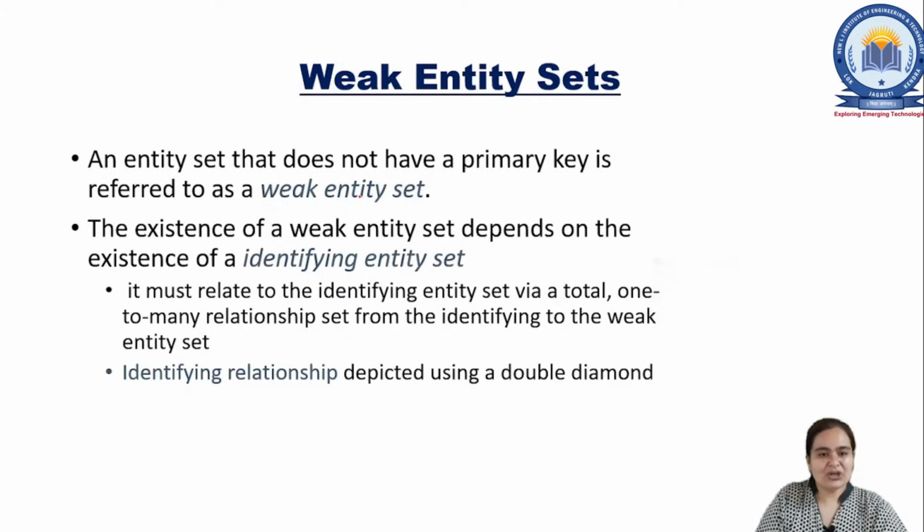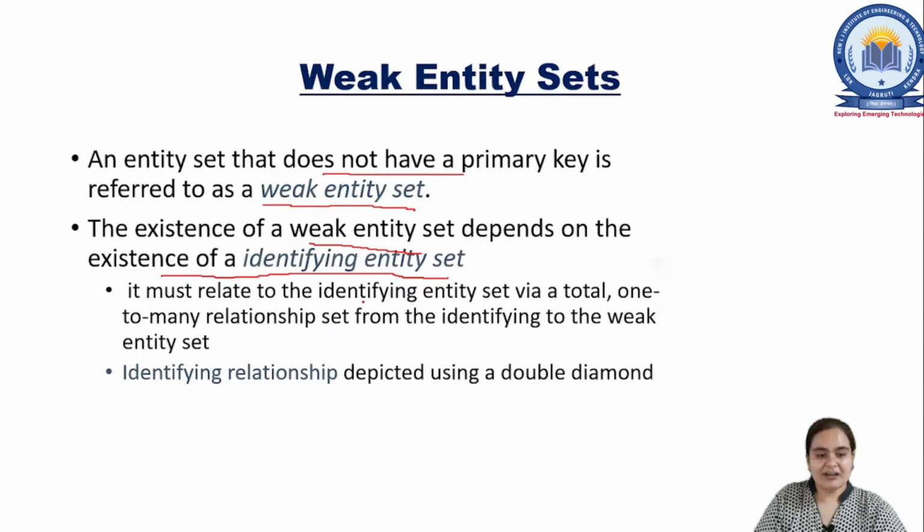Now there is something called a weak entity set. We also have a few entity sets that do not have a primary key, so there is no attribute that can be identified as a primary key for that entity set. The existence of the entity set depends upon the existence of an identifying entity set.